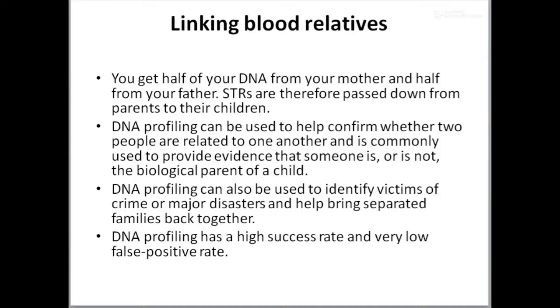You can also use DNA profiling to identify victims of a crime or major disasters, or even help bring separated families back together. This can all be done by STR analysis, or DNA profiling, and it has a high success rate.